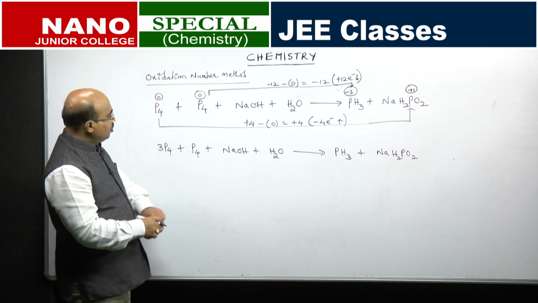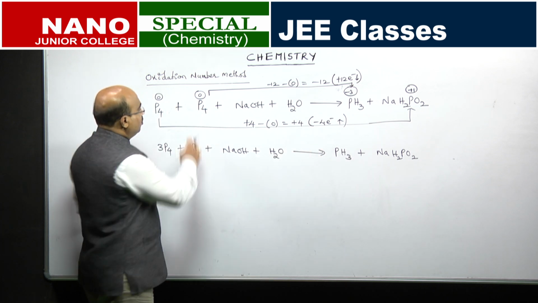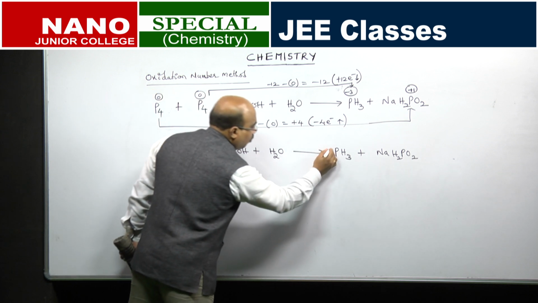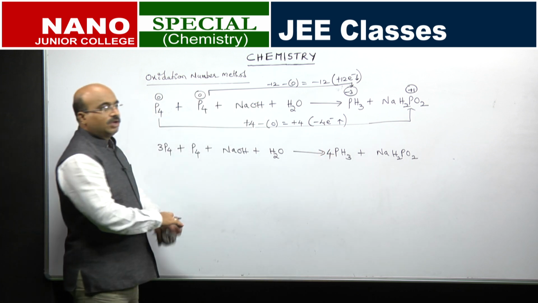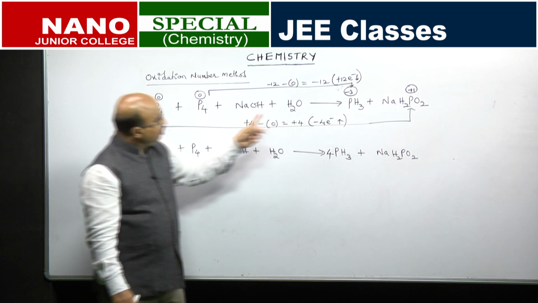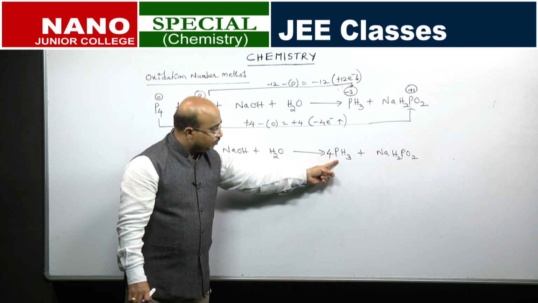But these phosphorus which are going to this PH3, this is 4. So, this has to be 4. Let's see again, this P4 which is going to PH3, there are 4. So, this has to be 4.